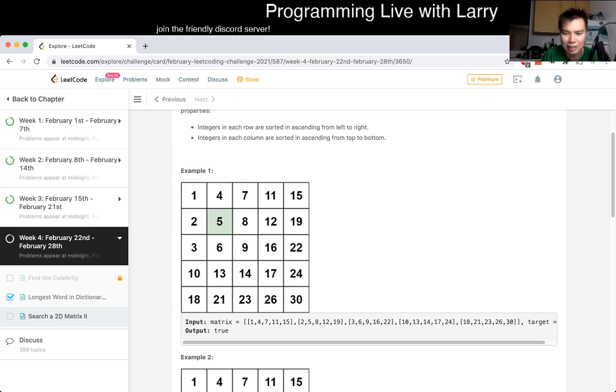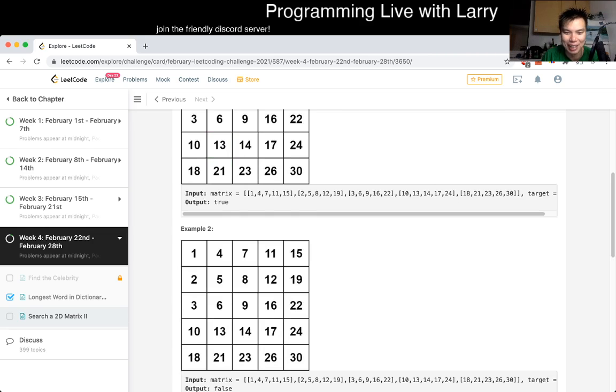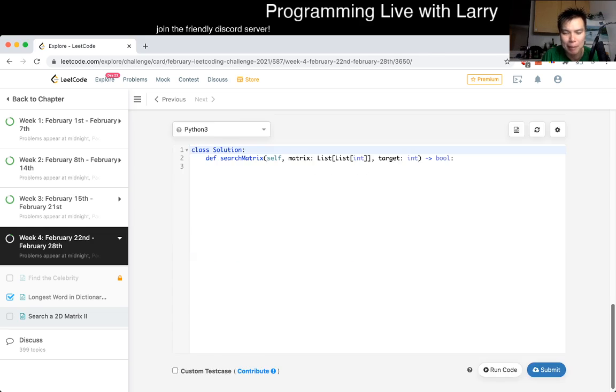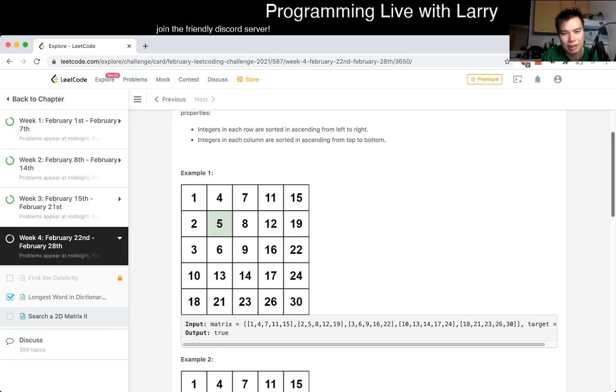Is there a linear one? Man, I'm really bad at this, so I hope y'all are enjoying it at home. Let's see. Okay, let's say we start at 1. Then do we want to go to the 2 or the 4? Are we looking for 5?